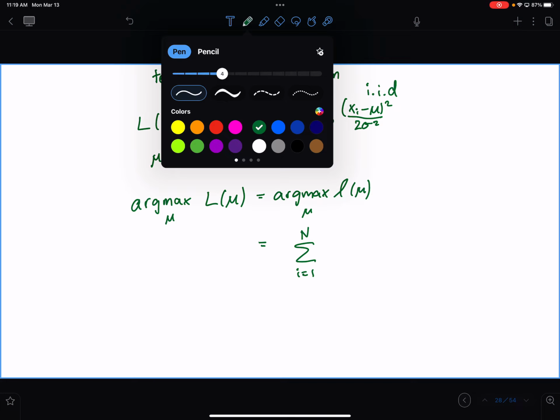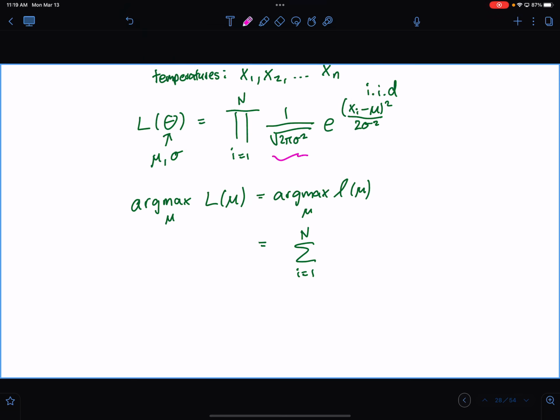One other thing to note is this term goes away when we're taking the argmax over mu, because there's no mu in 1 over 2 pi sigma squared. So we can just throw that away. It's a positive constant. The point of it is really to make sure our probability density integrates to 1.